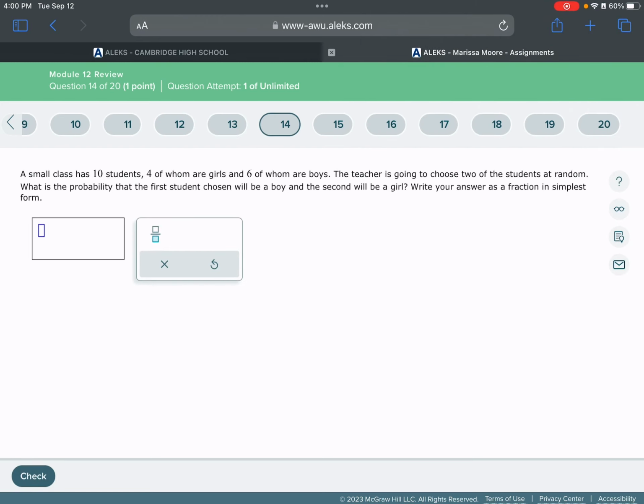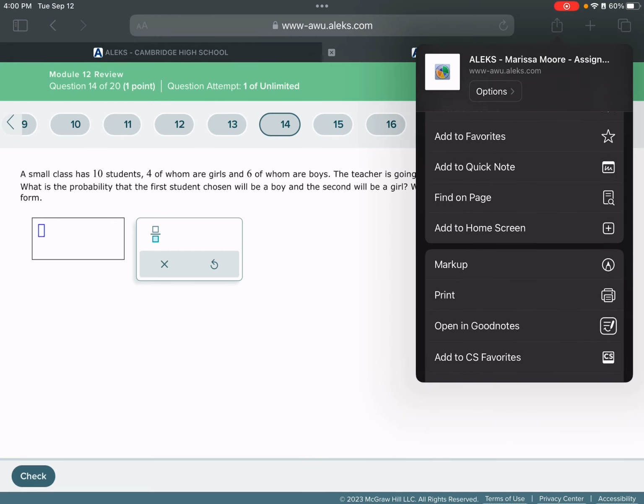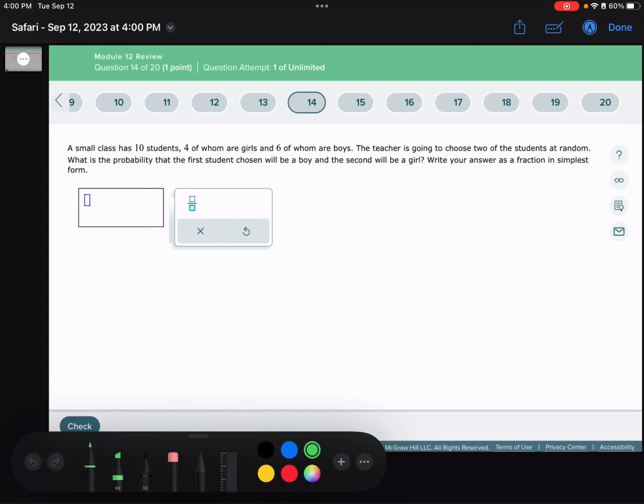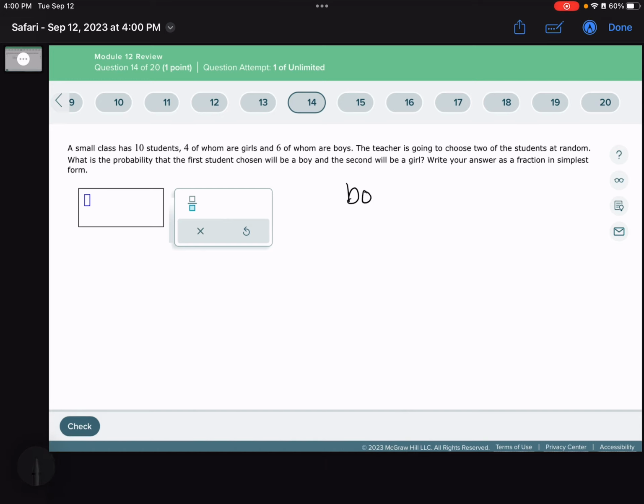Number 14. Let me open up the markup. A small class has 10 students, 4 of whom are girls, 6 are boys. The teacher is going to choose 2 students at random. I want the probability of the first being a boy and the second being a girl.